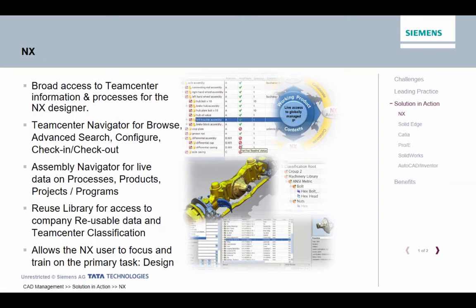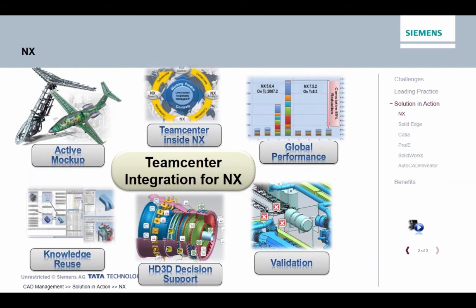We can navigate, browse, and do advanced search on Teamcenter data directly from NX. We can even do reuse library searches, classification searches, and so on from NX. So as a next step, we will see a quick demo of the NX integration to Teamcenter.